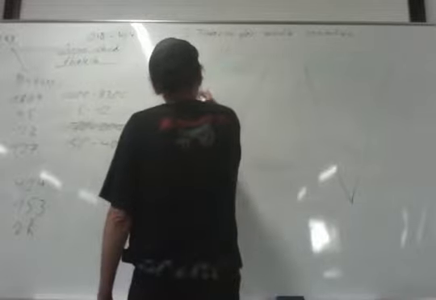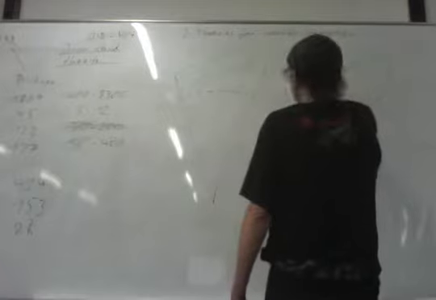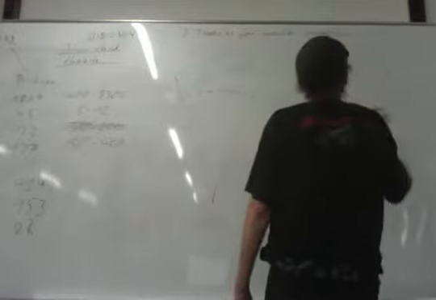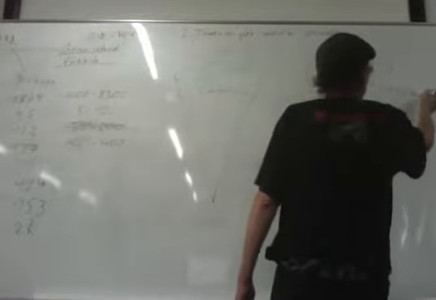Then we have here the boundary. Here we have the boundary as well. That is at 650 kilometers, that is a discontinuity.